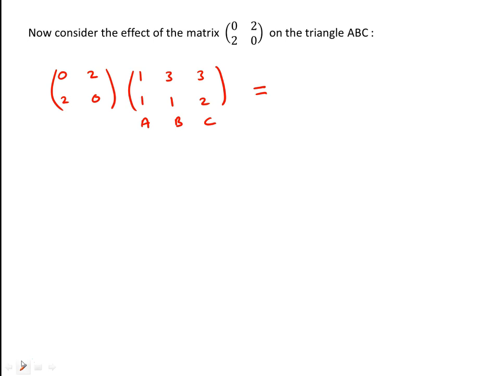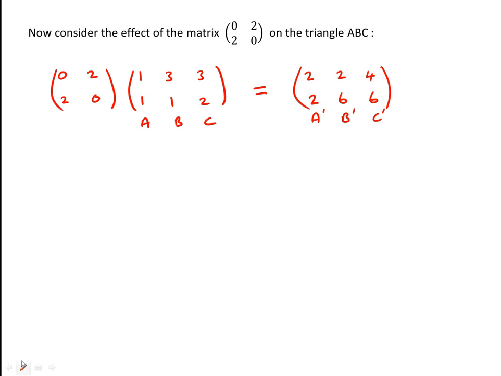So if we do that multiplication, then we obtain 2, 2 as the image of A, 2, 6 as the image of B, and 4, 6 as the image of C. Check that matrix multiplication that you're happy with that.